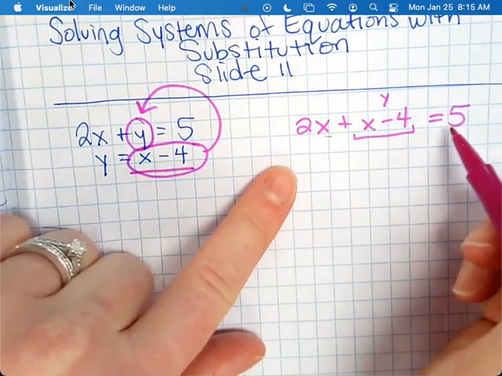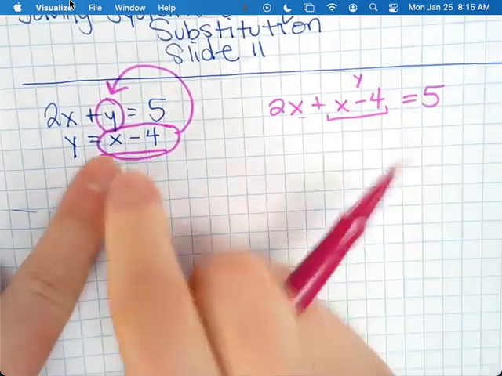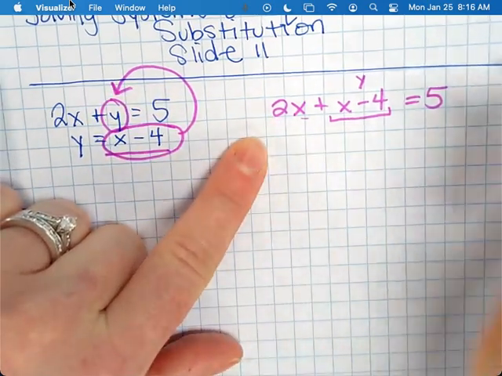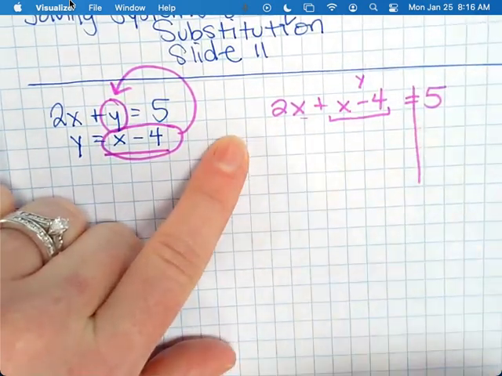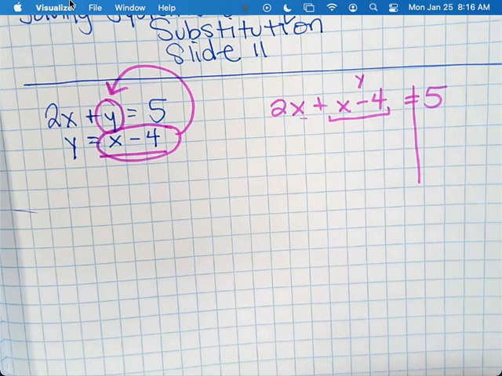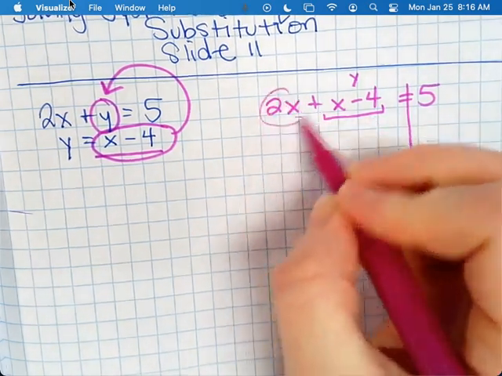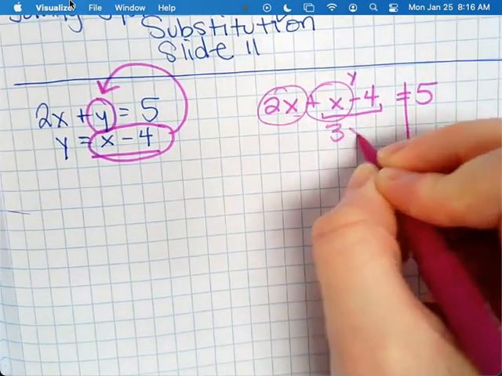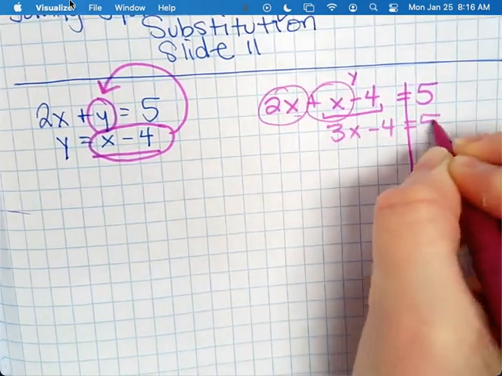Okay, so here's our first one. See how we plugged in the x minus 4 for y. So now we're going to simplify this. So what can I do with the left side? What does that simplify to equal? 2x and x. 3x minus 4. 3x minus 4 equals 5.